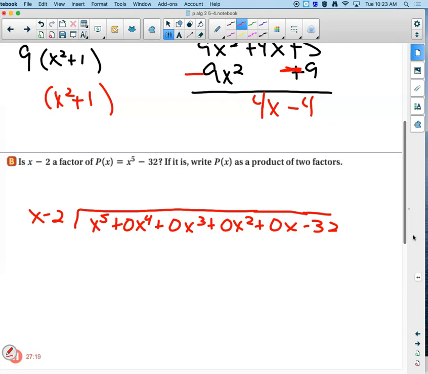Now this is an example where you definitely don't skip the zeros. Because like I said earlier, some people skip the zeros and just try to keep track of things with long division. But not this one. There's just too much going on. Tons of missing pieces.